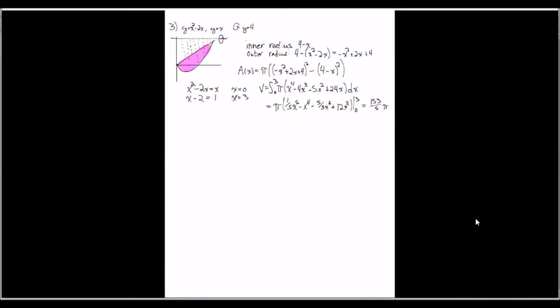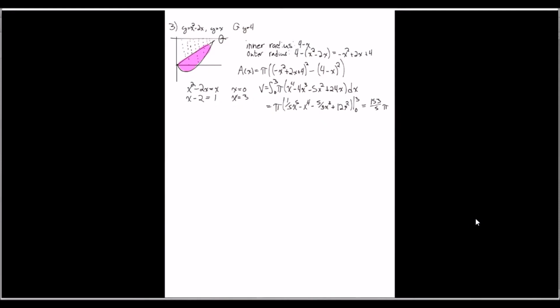Make sure you've got your bounds. So the difference between this problem and the other problems was that we were rotating around a line that wasn't just the y-axis or the x-axis. So we had to redefine what the radii of these circles were going to be.